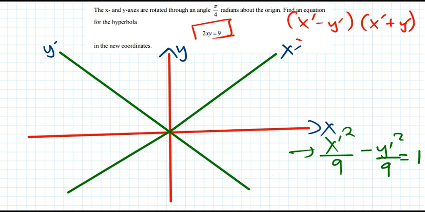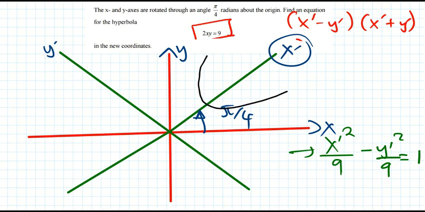Since it's going to be along the x coordinate, and we've rotated it by pi over 4, it's going to be something like this. Let me draw it using black, and do it on this side as well. So that's our hyperbola rough sketch.